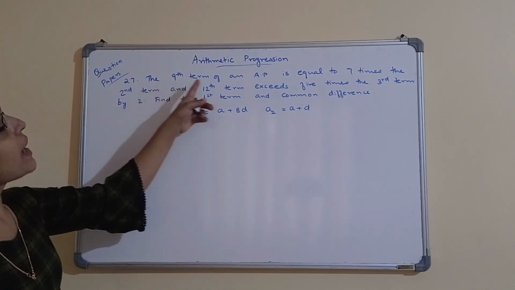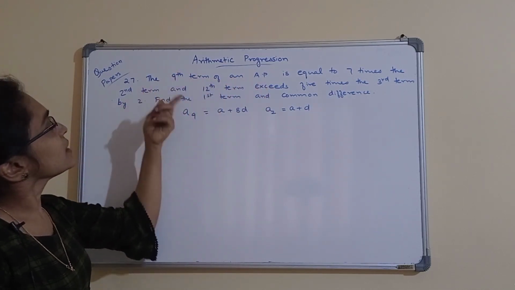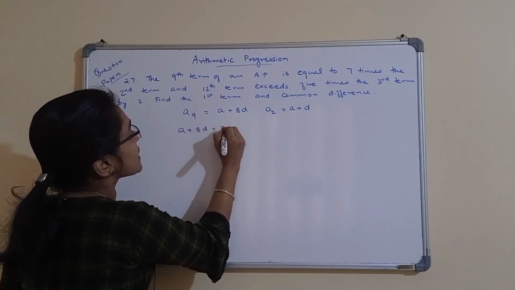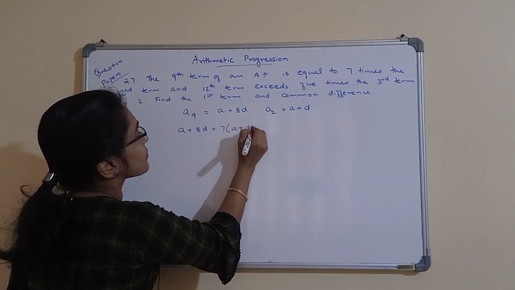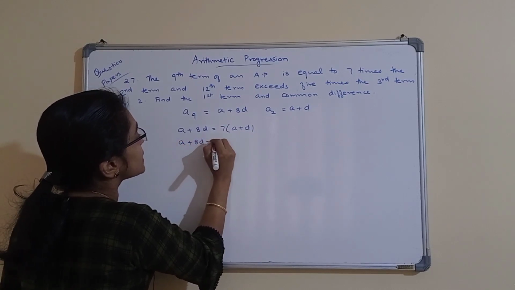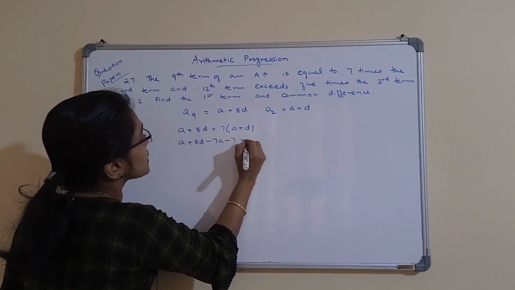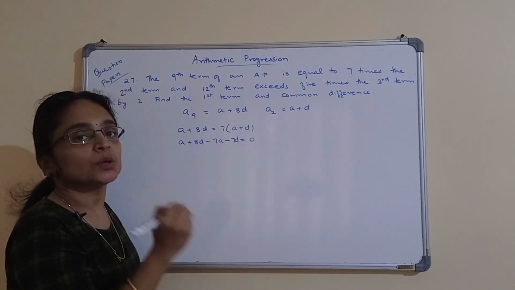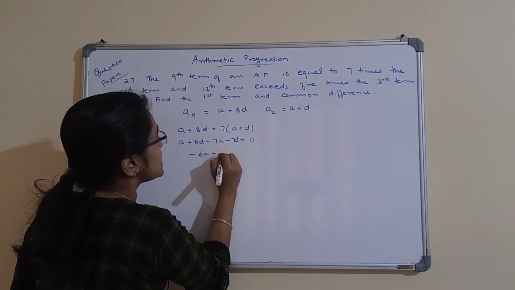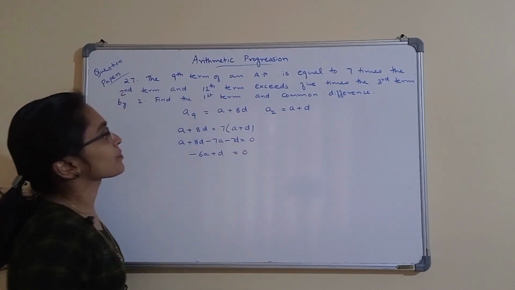So a plus 8d is equal to 7 times a plus d, which means a plus 8d minus 7a minus 7d equal to 0, and that means minus 6a plus d equal to 0.